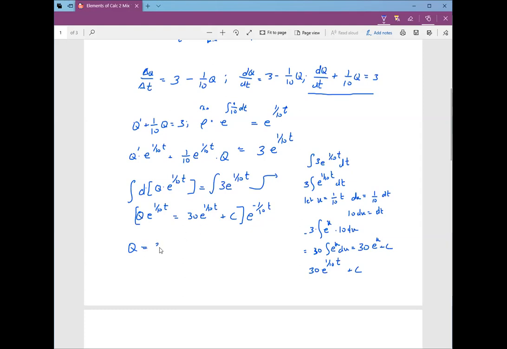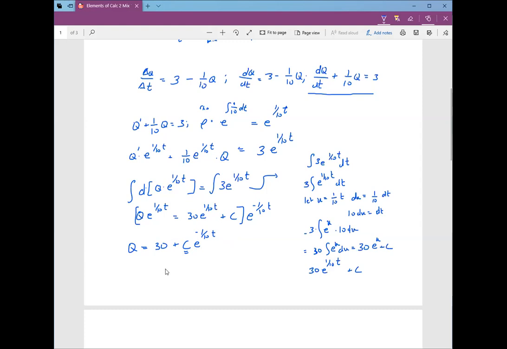So we're going to end up with a 30, because this cancels that out, plus c e to the negative 1 over 10 t. These are the kinds of problems where it's really important never to forget your constant of integration, because that's how you're getting the rest of the problem. That's how you're getting the function part in your problem. So be really careful about that.